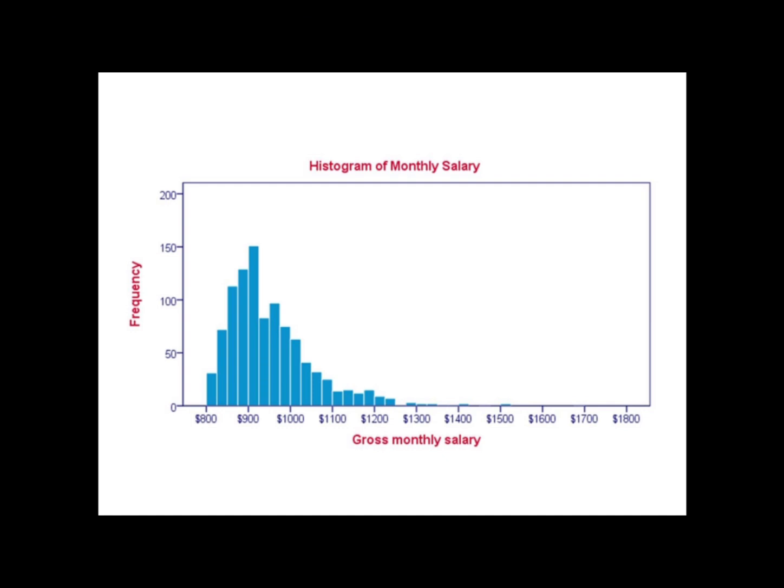You have a few outliers going upwards of $1,500, but not much. So this gives you a really accurate idea of where the majority of your salaries are within this organization.